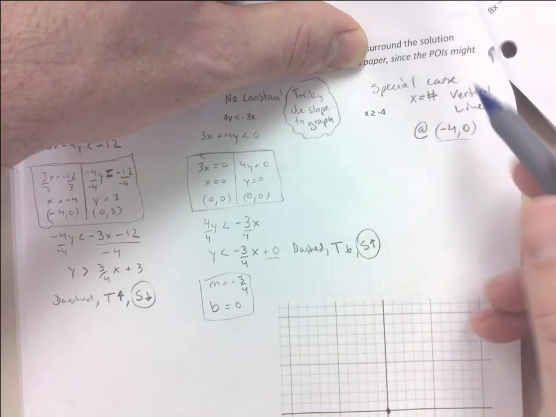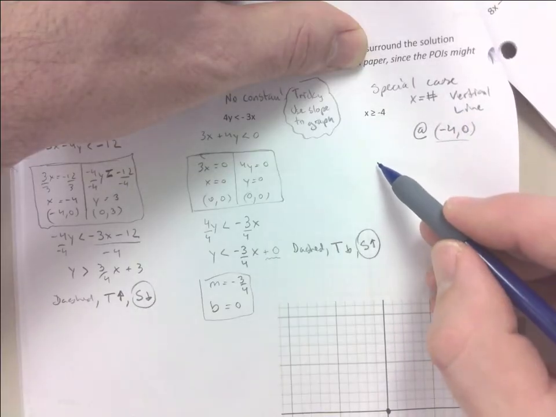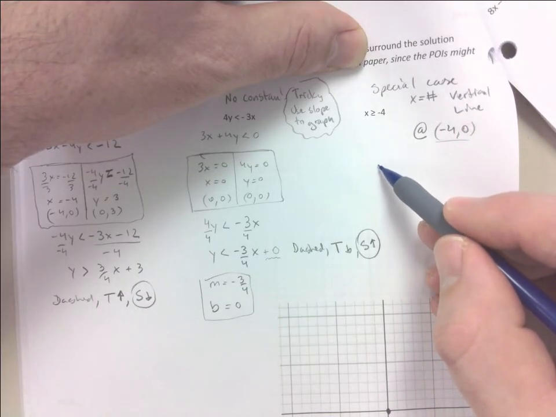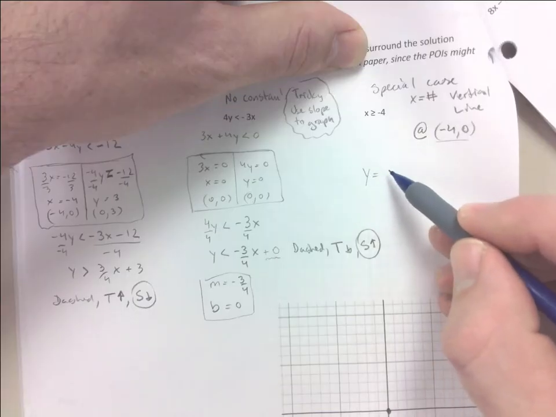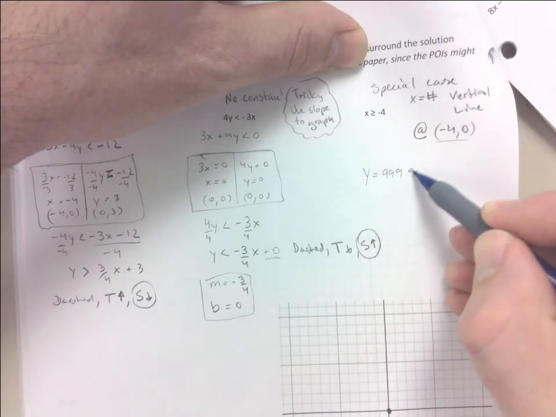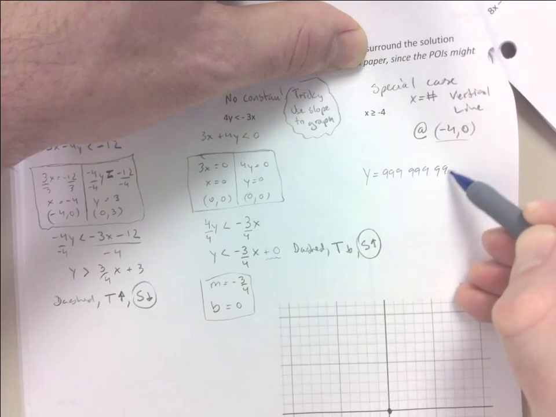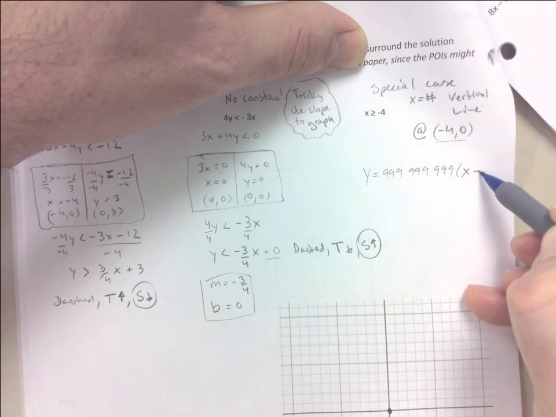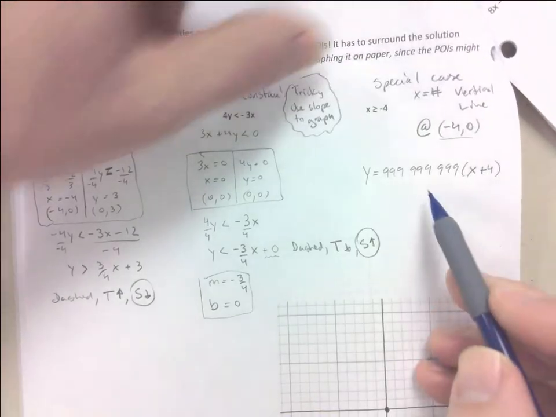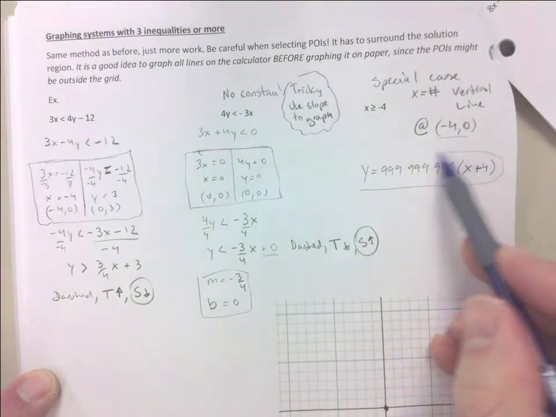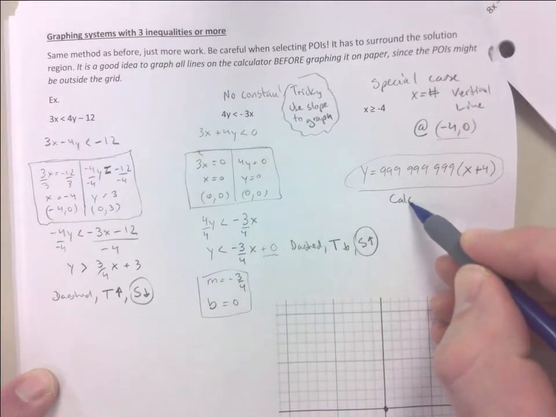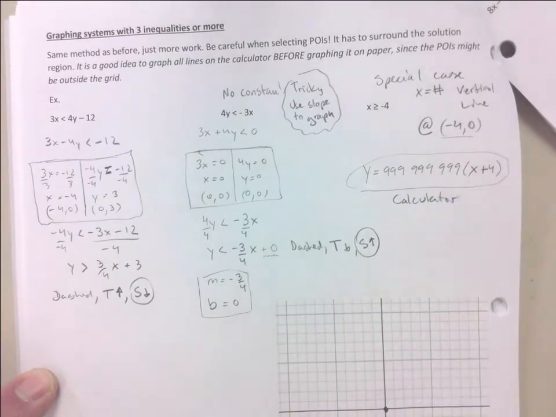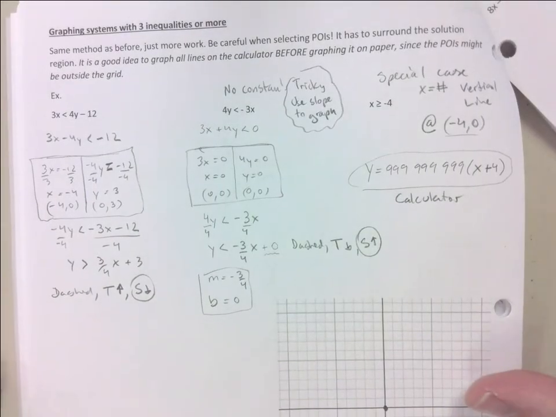So no need to rewrite, no need to clean up, nothing like that. And so you end up with having to use this, x plus 4. Why do I do this? This is for the calculator so that I can later find the points of intersection. Okay?